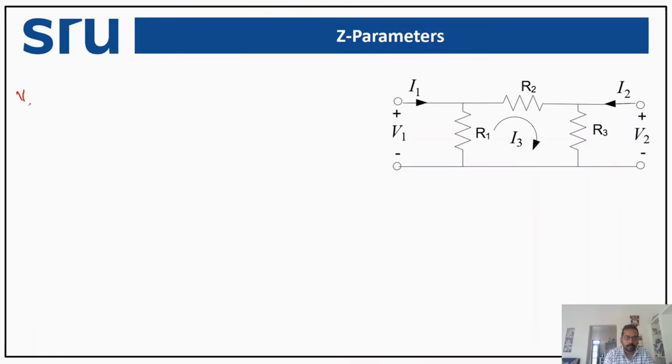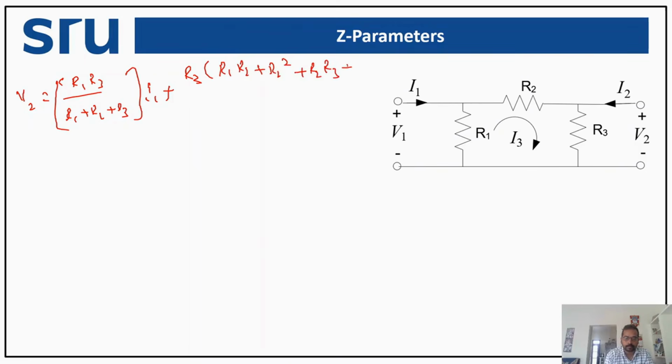So my V2 is equal to R1 R3 divided by R1 plus R2 plus R3 into I1 plus, I am trying to take R3 common. So what we have? R1 R2 plus R2 square plus R2 R3 plus R1 R3 divided by R1 plus R2 plus R3 into I2 divided by R2 plus R3.